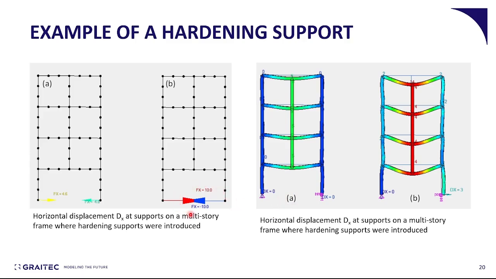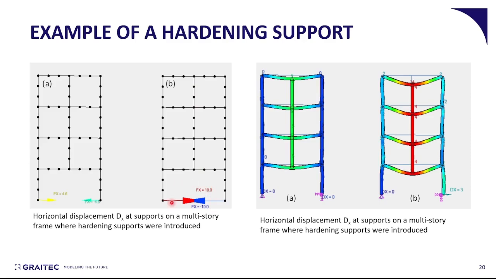As the load of the frame is increased, we see now that the limit force has been reached. I have prescribed the limit force of 10 kilonewtons in this hardening support when I modeled this frame.